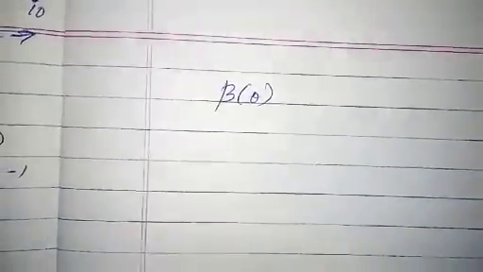We know that the power function of the test is the probability of rejecting H naught for various values of theta under the parametric space, and it is defined as beta of theta.